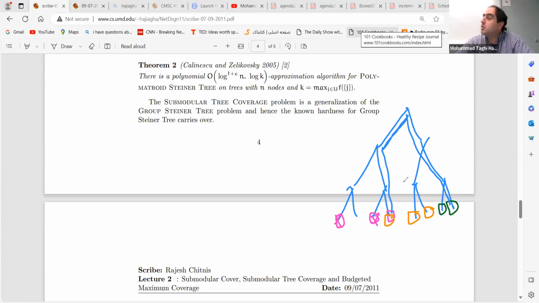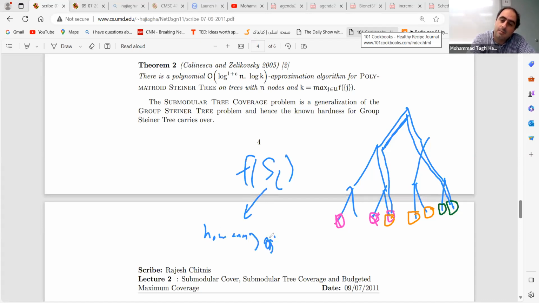This problem is a special case of submodular tree coverage. Why? Because for any tree, you can say how many groups the leaf covers. So again, the f function here would be essentially, for S of L, how many terminal sets are covered.